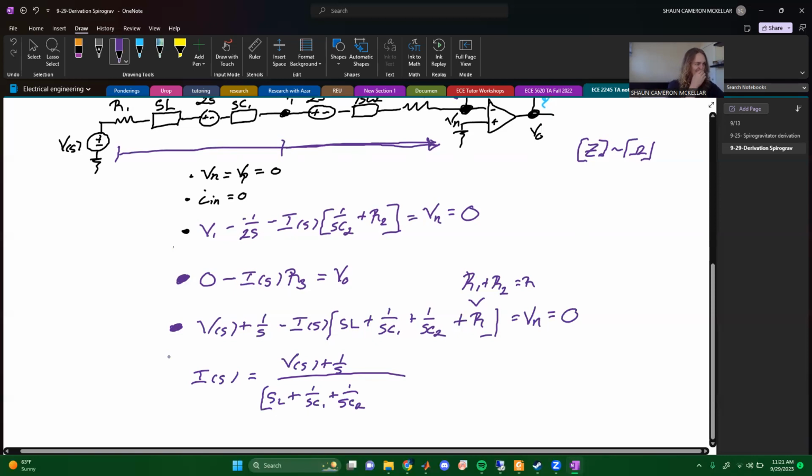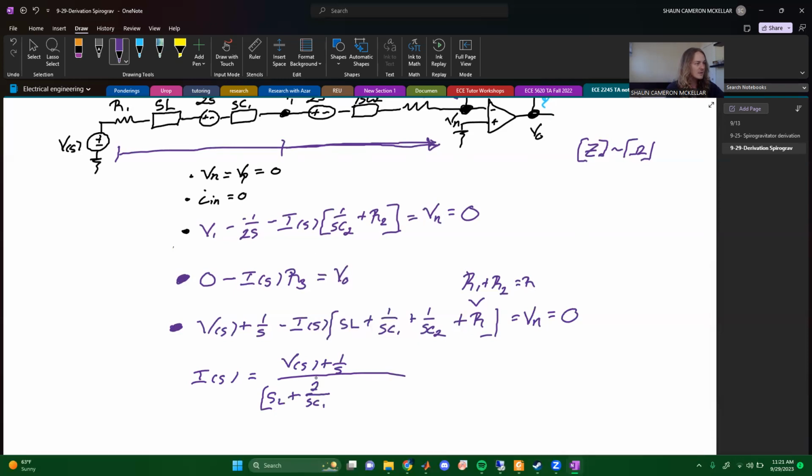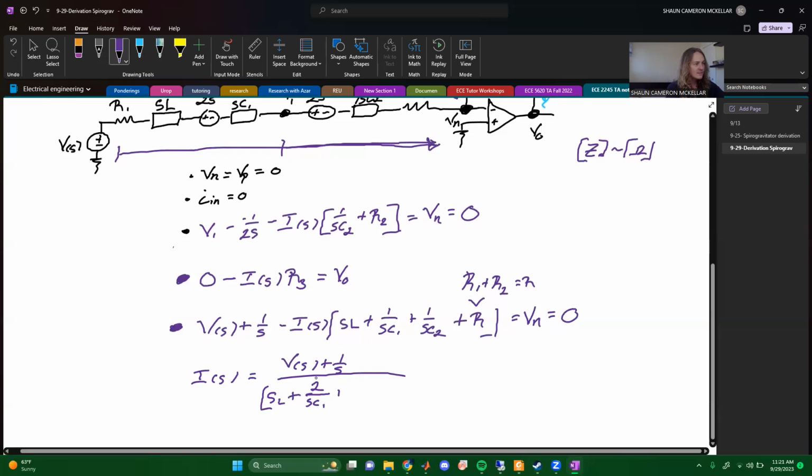And maybe I could just quickly clean this up and express this as 2 over SC1, because we acknowledged earlier that C1 and C2 are equal. So 2 over SC1 is great, plus my R term. So that's my denominator, and this expression is my current.